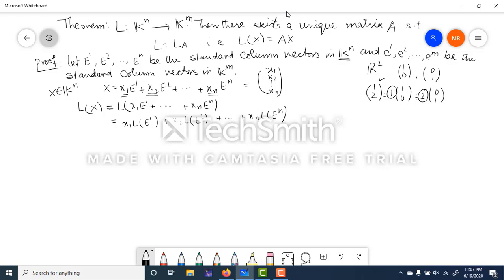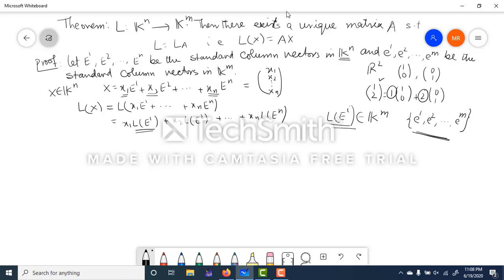Now, we know that L of ei belongs to K^m, because they are now transformed. And for K^m, we have considered these standard column vectors e1, e2 up to em, and hence all these vectors can be expressed as a linear combination of these vectors.